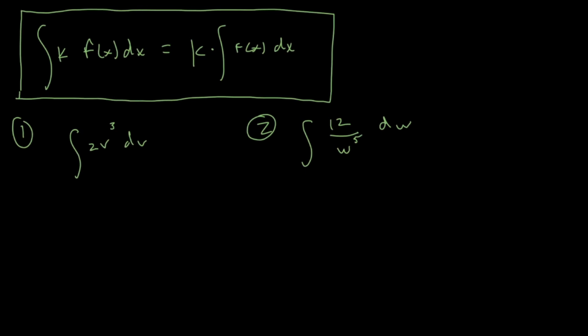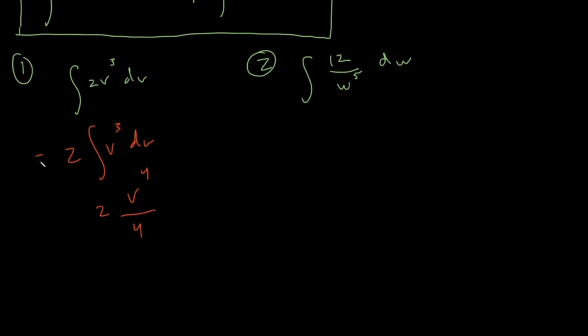Are you guys still working? We're done. All right. So this is 2 antiderivatives of v cubed. That would be v to the 4th over 4 times 2, or 2v to the 4th plus c.